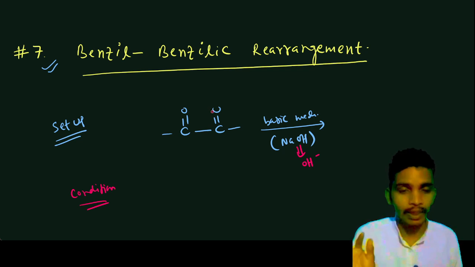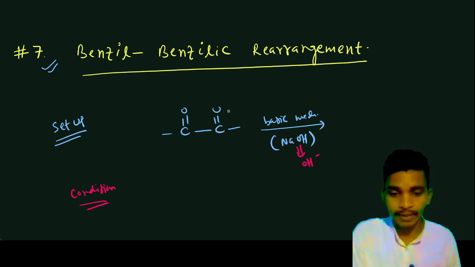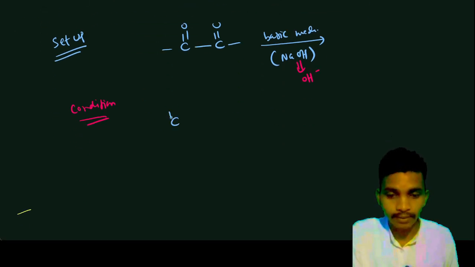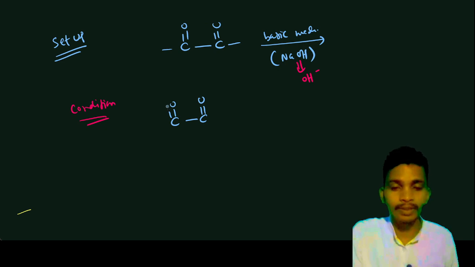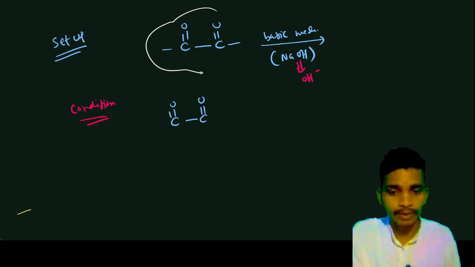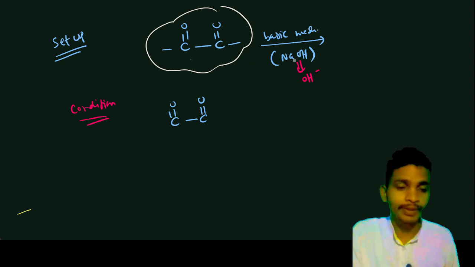It will simply do the acid base reaction, because acid base reactions are very fast. Let's say if it is like this, CO and CO, I will understand that this is a benzilic rearrangement. That is, the substrate should have two CO groups adjacent to each other, and the condition is basic medium. Then this is the benzilic rearrangement.